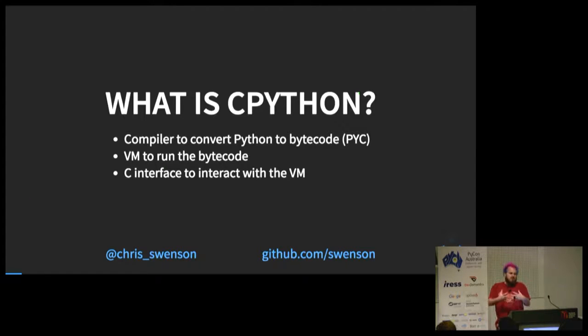So one part of CPython is a program that converts Python that we normally see and love into this bytecode. It also refers to a VM that actually runs this bytecode, a particular instance of it, the official Python VM, essentially. It's also a C interface to interact with the VM. So if you want to write Python extensions, they generally go through the CPython C interface.